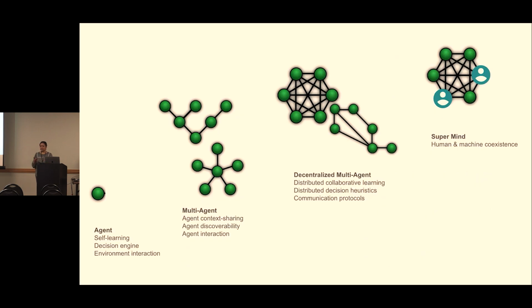But now it's more decentralized, you're self-empowered, and therefore it does come with additional complexity. So now you have distributed decision-making, you have even more complex communication protocols to allow for that peer-to-peer. And then the higher level, even beyond that, is now you have a supermind with human agents and machine agents all collectively working towards some complex problem.